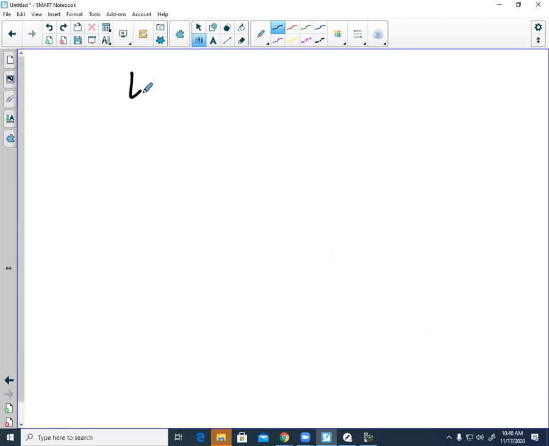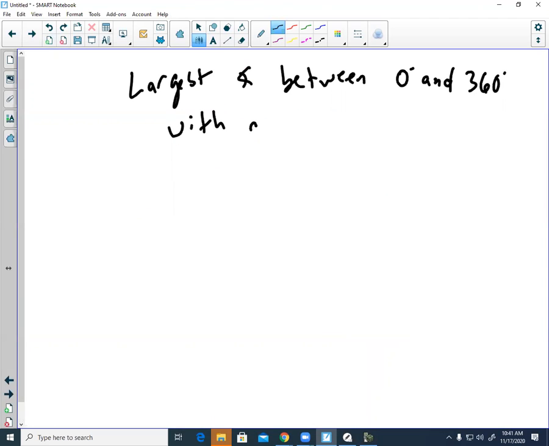So find the largest angle between 0 and 360 with a cosine of negative 0.325.